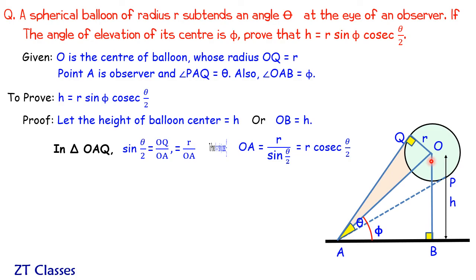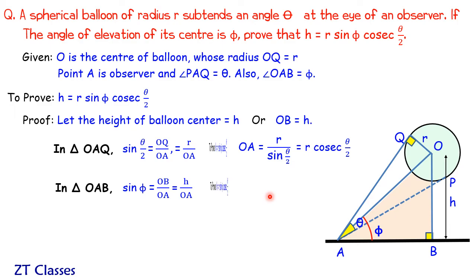So let's take the second triangle, triangle OAB. In this triangle we are interested in OB, which we have to find, and OA is given. So we'll again take the sine ratio. We get sine phi is OB upon OA, which is the same as h upon OA.